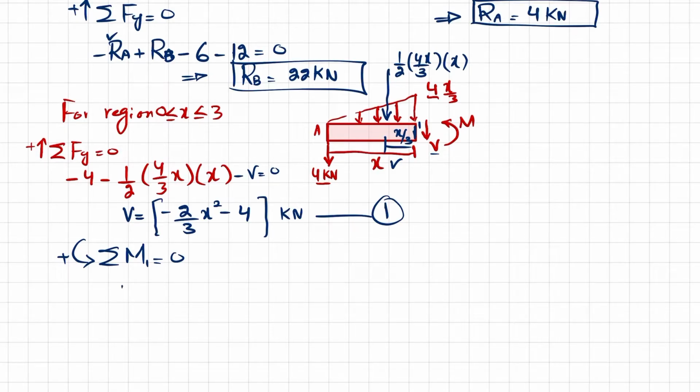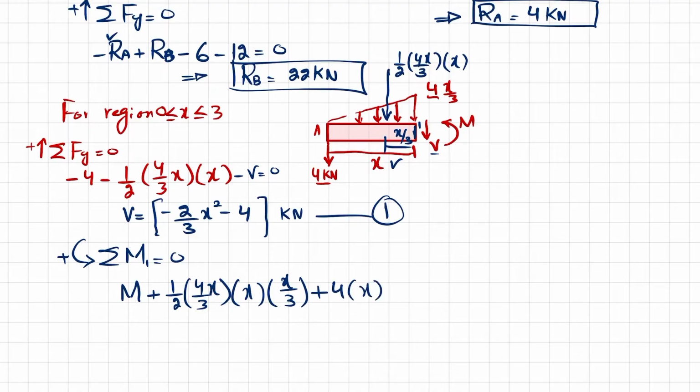So external moment M plus 1 over 2 into 4 over 3x into x into perpendicular distance x by 3 plus 4 into perpendicular distance x, their sum must be equal to 0.